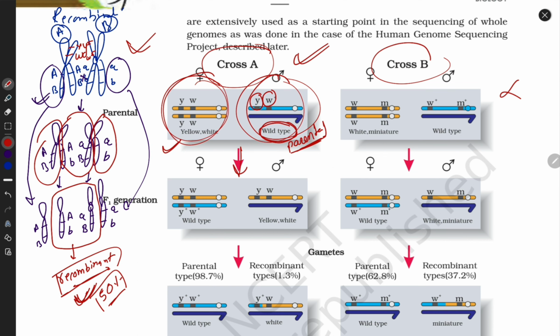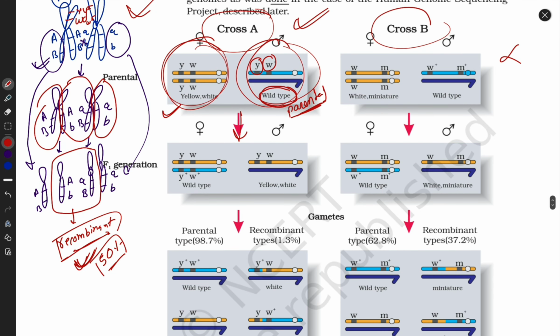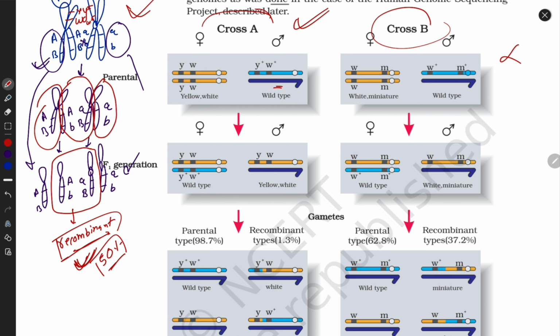If you cross between them, look here, let me draw. Okay, this is one chromosome and its genes. Guys, you can write it in this manner also and in this manner also. Okay, now I'm explaining here. This is one chromosome and this is the other chromosome.